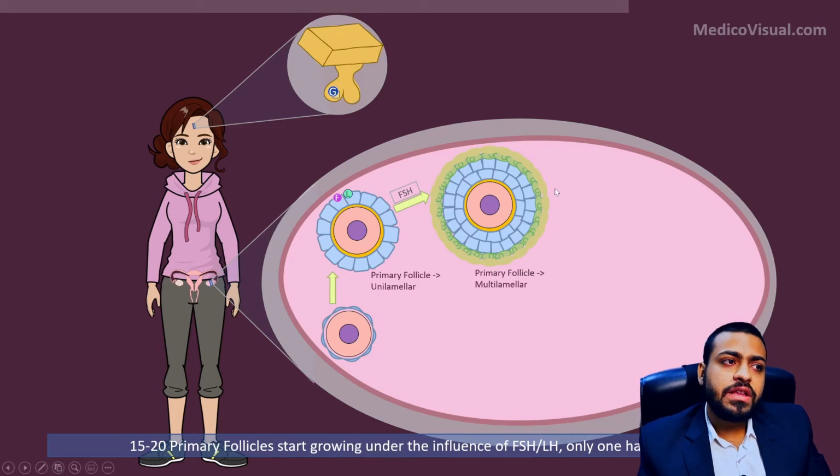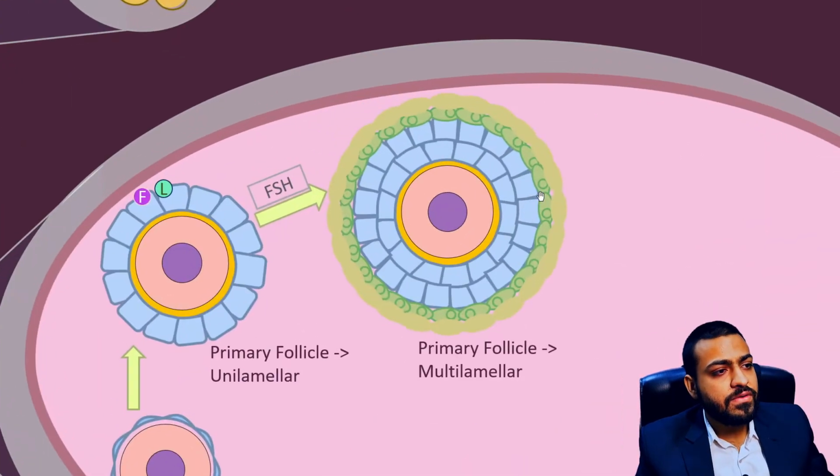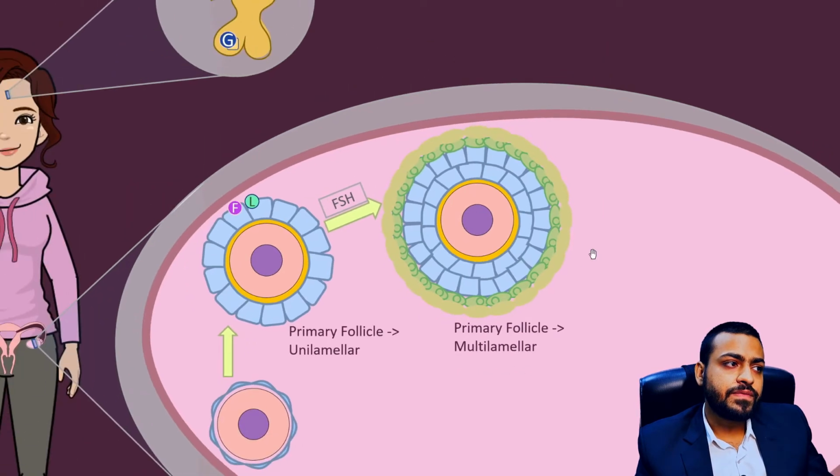And this casing or covering is called the theca, right? So the theca is formed, and this theca consists of two layers: the theca interna, which is more cellular, and outside the theca interna is the theca externa, which is less cellular but more vascular. It has more vasculature, it has more blood vessels, right? So theca interna and theca externa.